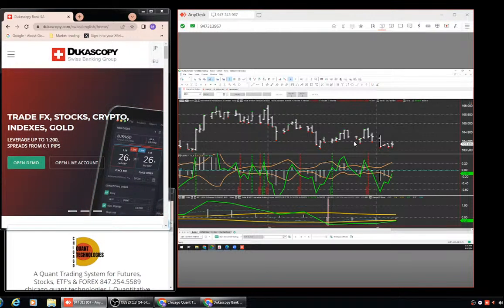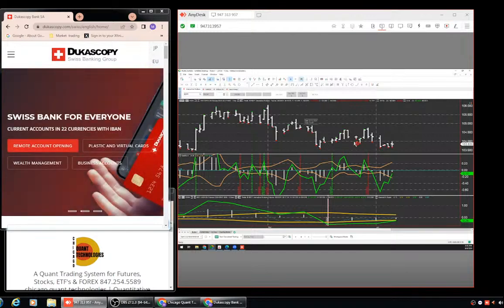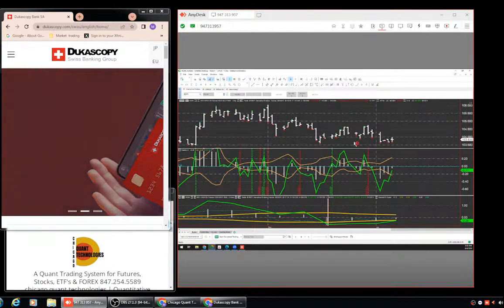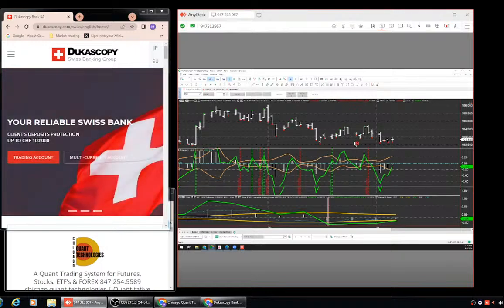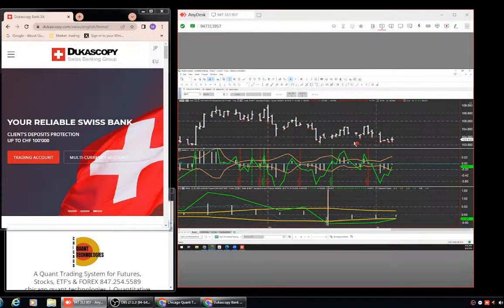Up on the screen you see the dollar index, the actual product itself. It has little green dots and red dots. That's part of our algorithm. We have a daily algorithm underneath it, and the lines help accentuate what our math has done.